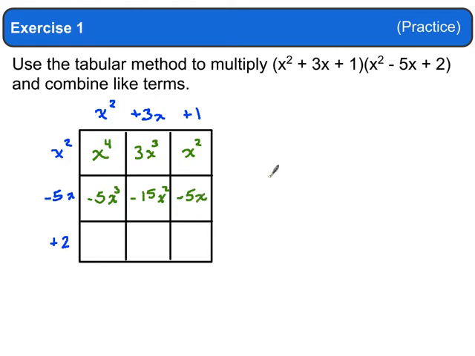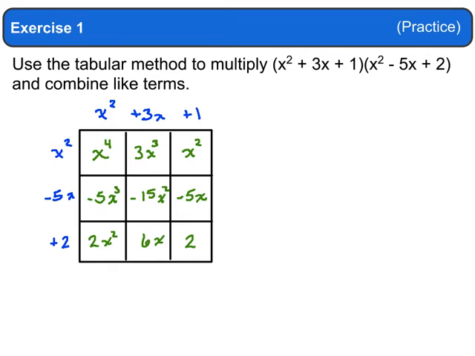To continue on, we'll go to the 3rd row and multiply it to every single column. So 2 times x squared is 2x squared. 2 times 3x is 6x. And then 2 times 1 is 2. So this fills in our grid for the area model.